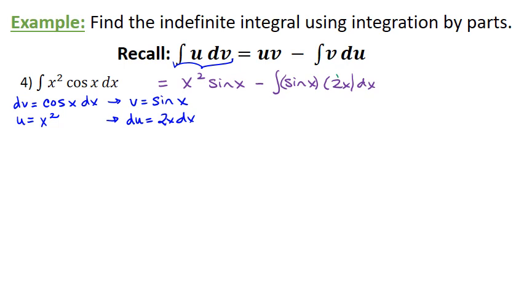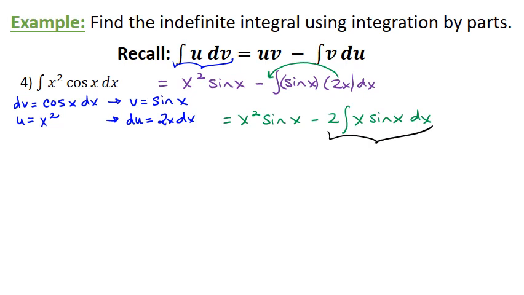Now I can rewrite this to make it a little bit easier by moving that 2 out in front. So this becomes x squared sine of x minus 2 times the integral of x, just putting the x in front of the sine of x. Now looking at this, we need to integrate this. And in order to integrate this, it is also a product, so I need to use another integration by parts.